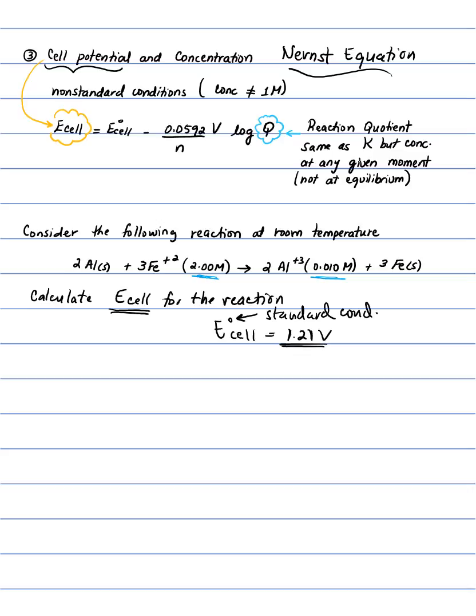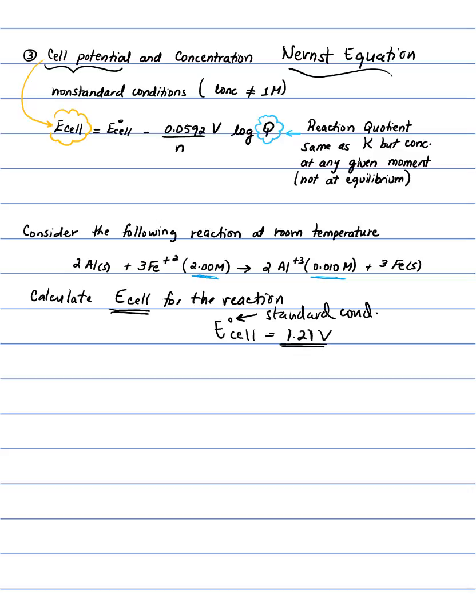So that's the cell potential that you will get if the concentration of your solutions for both the iron plus 2 and the aluminum plus 3 are equal to 1 molar. Now, you don't have 1 molar here. Look, the concentration for the iron plus 2 ion is 2 molar.